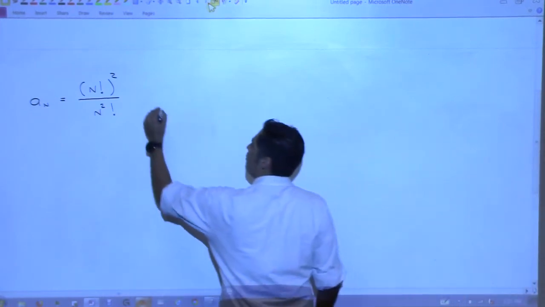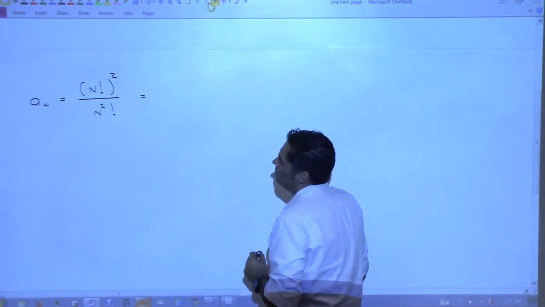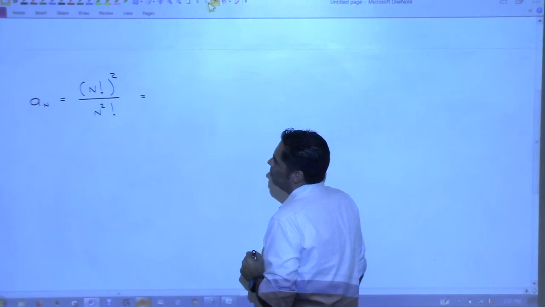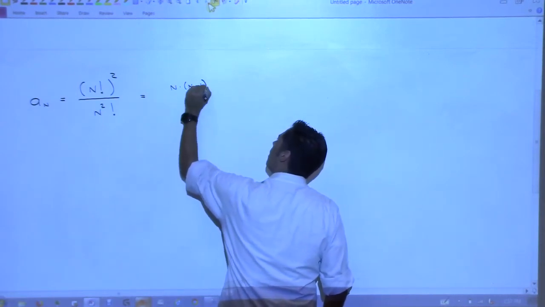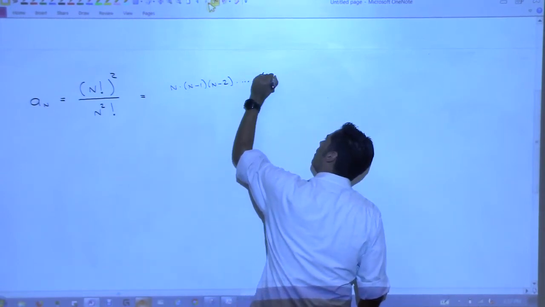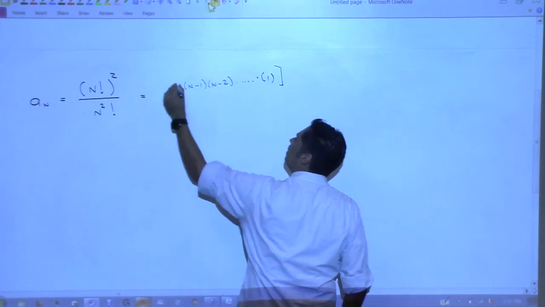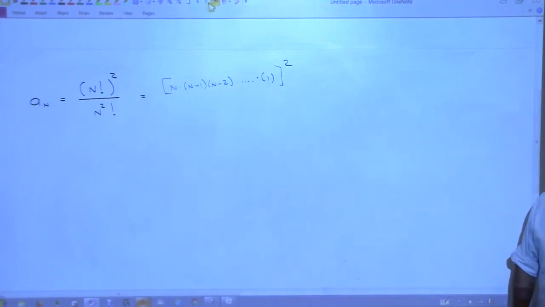So let's write out what the top one is. That would be n times n minus 1 times n minus 2, all the way down until we get to 1, but then all of that squared. Over.